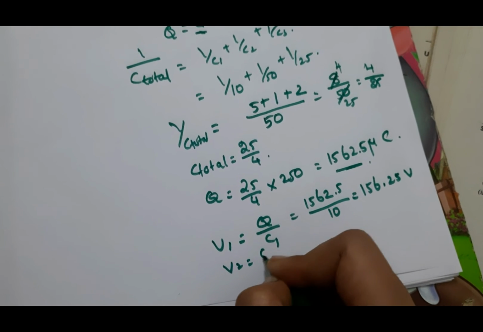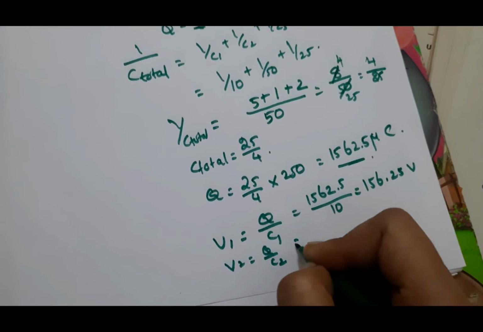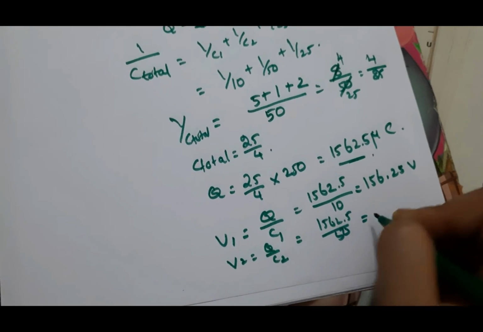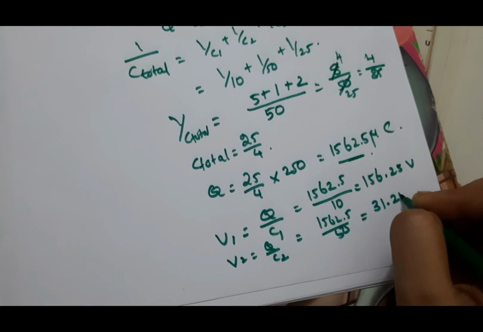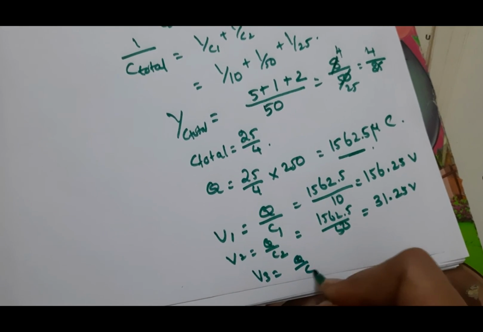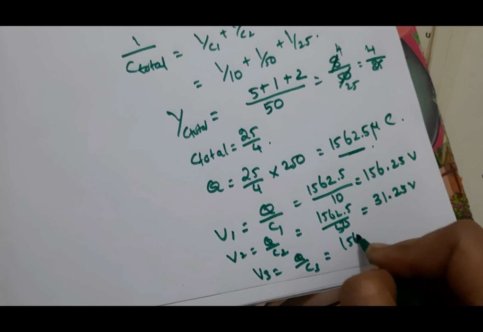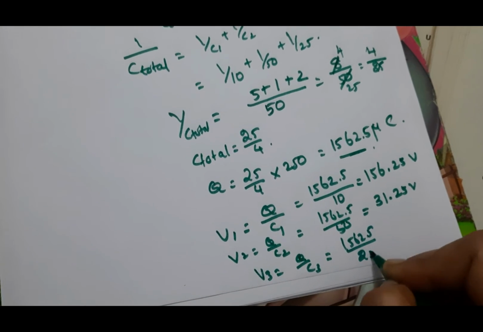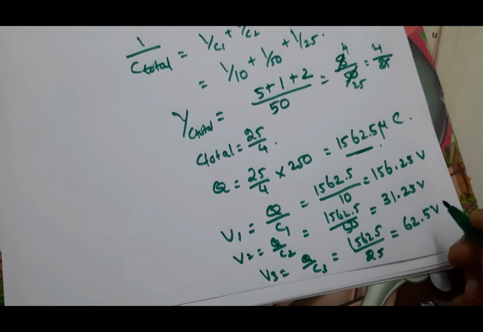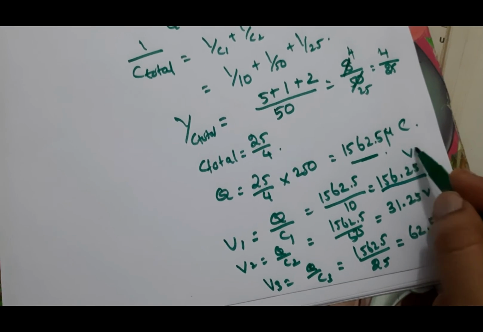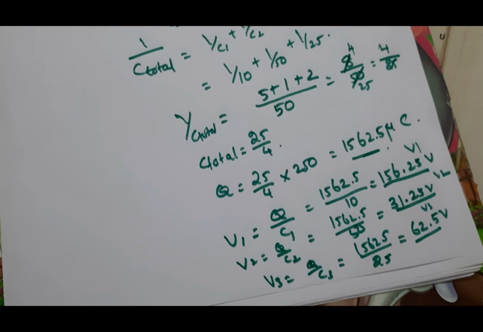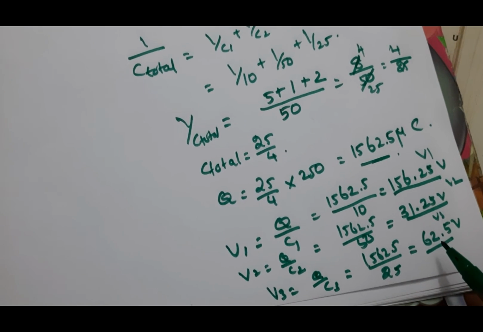Similarly, V2 is equal to Q divided by C2, so 1562.5 divided by 50, which is equal to 31.25 volt. Similarly, V3 is equal to Q divided by C3, so 1562.5 divided by 25, which is 62.5 volt. So this is the V1 value, this is the V2 value, and this is the V3 value. These are the voltages across each capacitor.